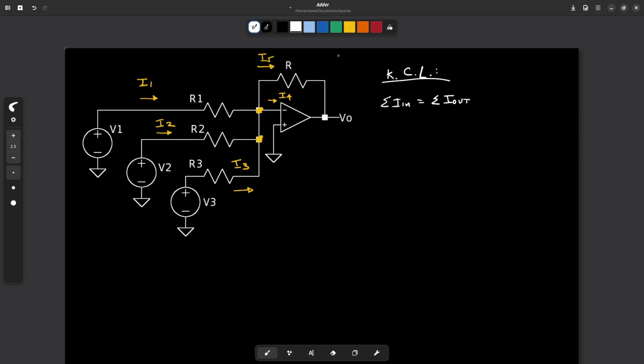So in this case we have three incoming currents, I1, I2 and I3, and we have this equal to the addition of the outgoing currents, which in this case are I4 and I5.